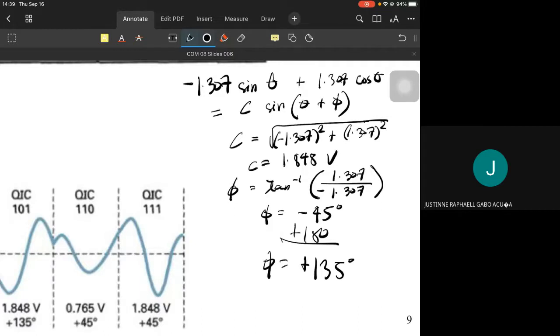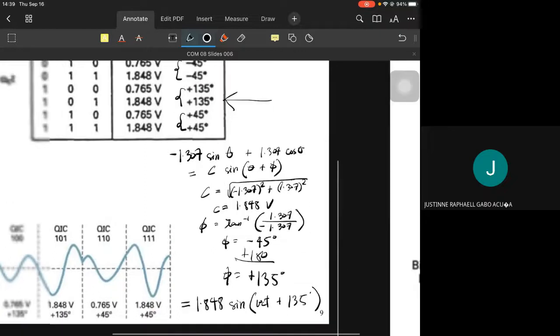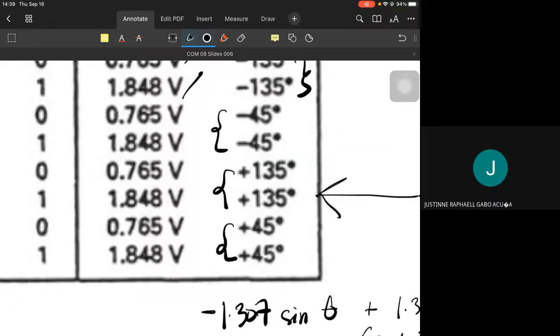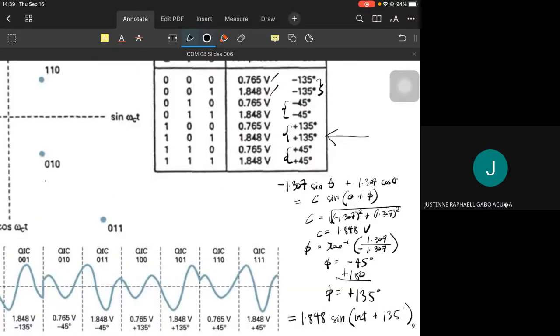So final answer is 1.848 sine omega t plus 135 degrees, which is this one, kanina naka-arrow. Okay? Nasabtan ba?